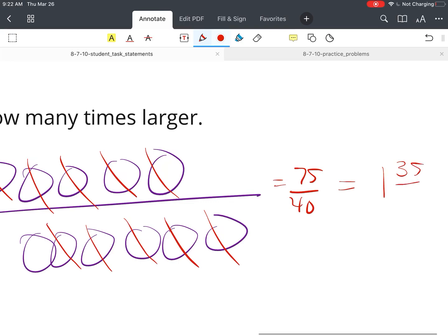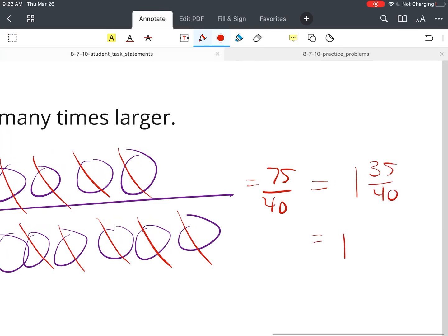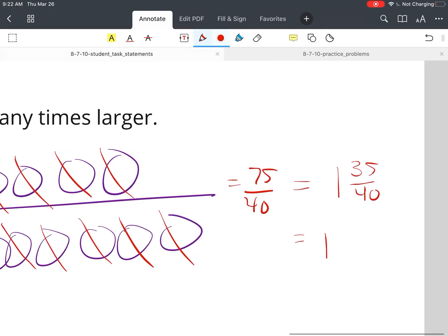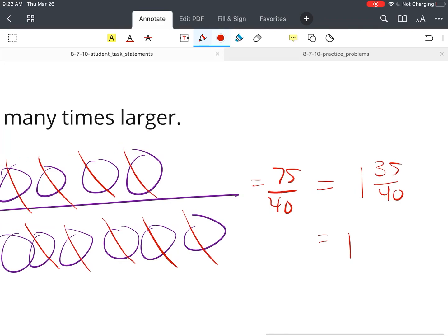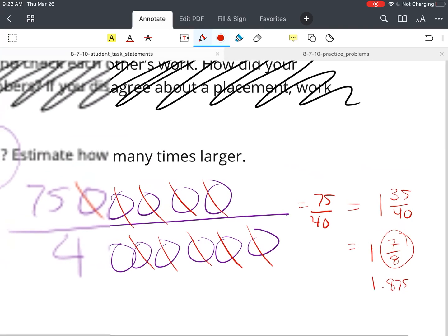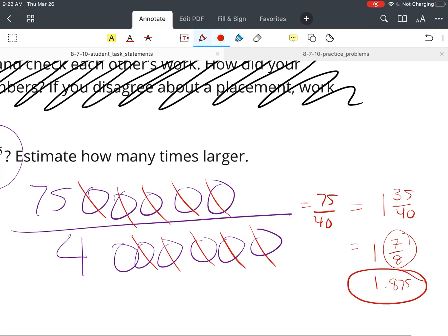And I can tell you that's 1 and 35/40ths. 35 over 40, both of those numbers are divisible by 5. So you can divide both the numerator and the denominator by 5. So you get 7 over 8. I know that 7/8 is 0.875 as a decimal. So it's 1.875 times bigger.